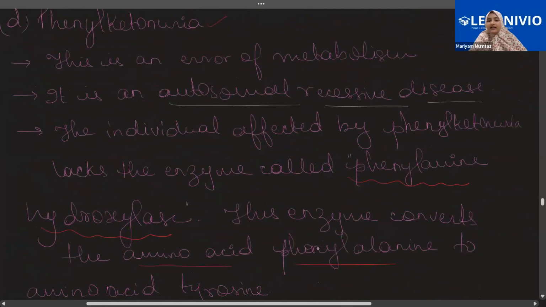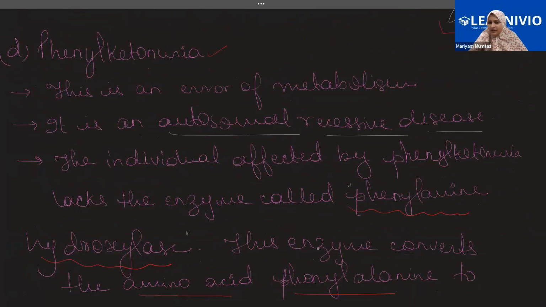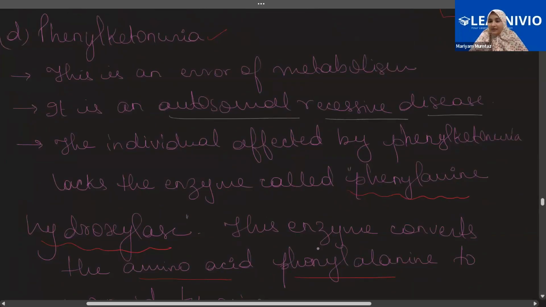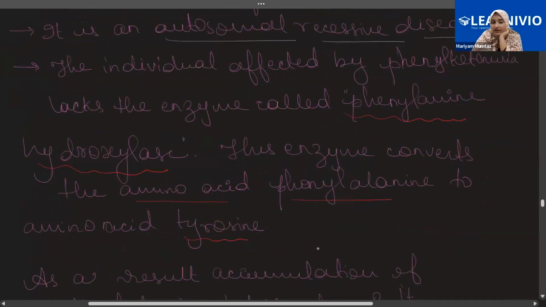Then we have phenylketonuria. Now, phenylketonuria is a disease in which a metabolism error happens. We already discussed this in pleiotropy, one gene, many effects. Here the enzyme phenylalanine hydroxylase will not be synthesized properly. What is the function of this enzyme?